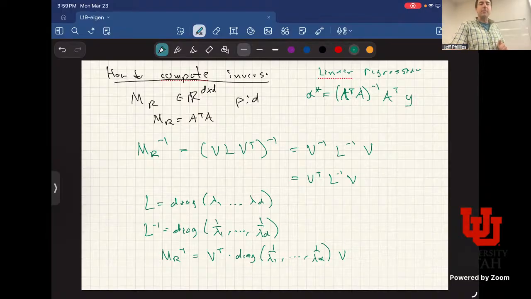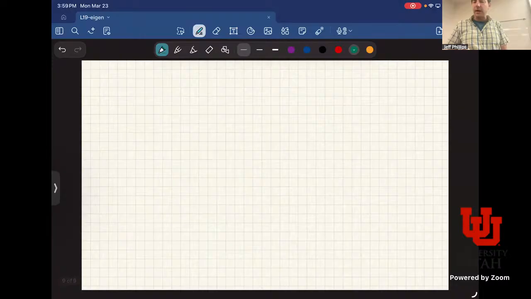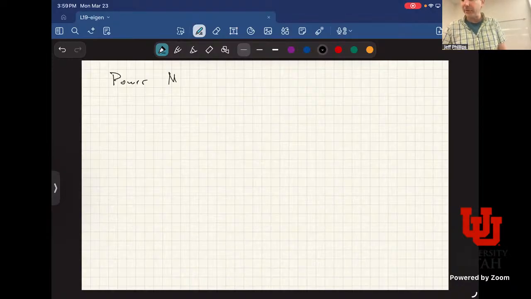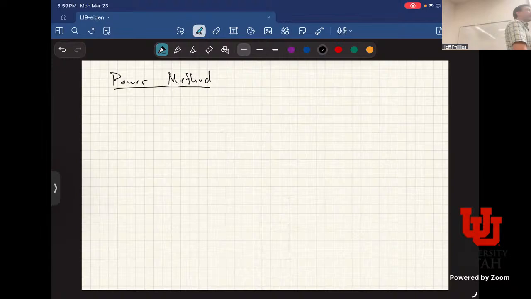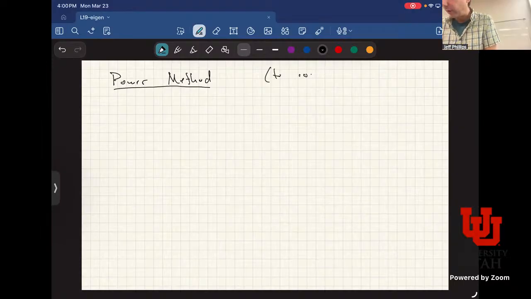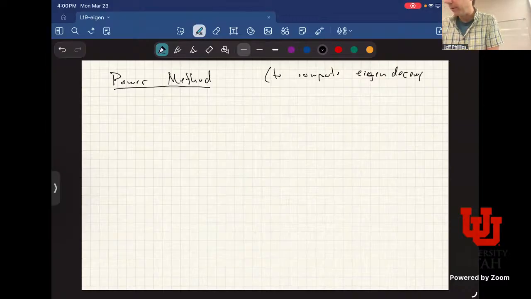Great. The power method: we're now going to describe how to do the eigen decomposition. You can get this to work for the singular value decomposition, but it's easier to describe for the eigen decomposition because I only need to define the right singular vectors, not both the right and the left in parallel.